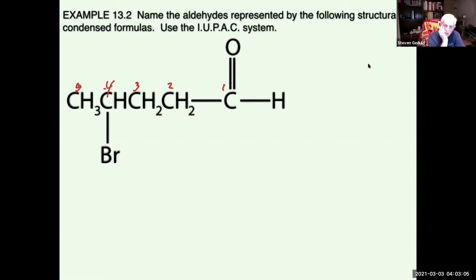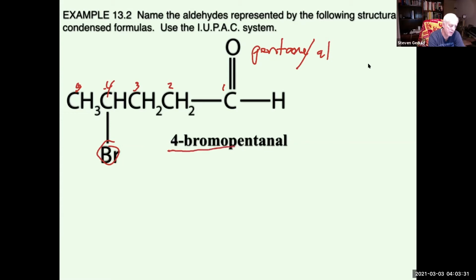So we got 5 carbons, which is pentane, all single bonds. We drop the E, add Al. And at number 4, we have a bromine group. So 4-bromopentanal.